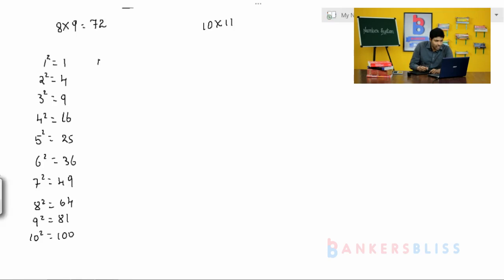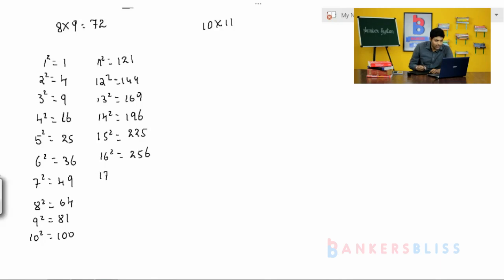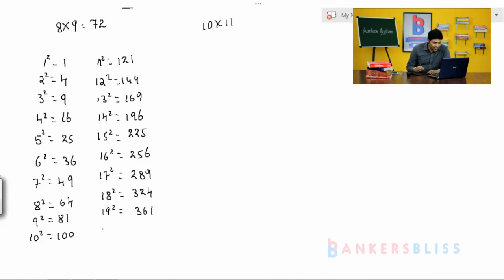See here, 11 square, 121. 12 square, 144. 13 square, 169. 14 square, 196. 15 square, 225. 16 square, 256. 17 square, 289. 18 square, 324. 19 square, 361. 20 square, 400.